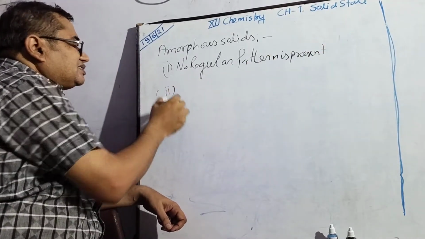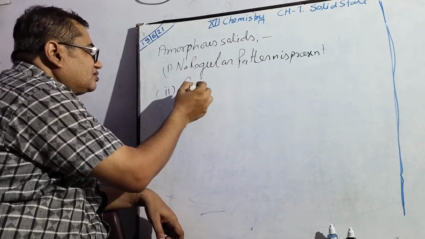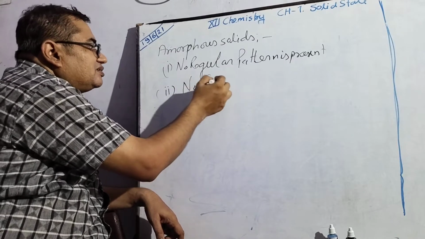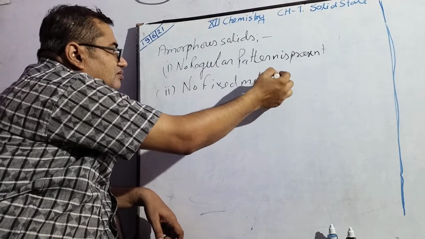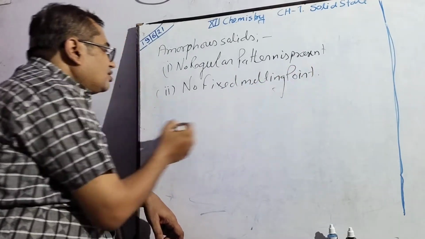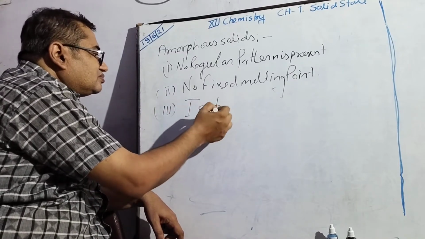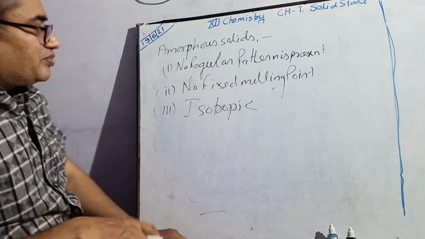Next, they do not have a fixed melting point, but they are isotropic. All amorphous solids are isotropic.